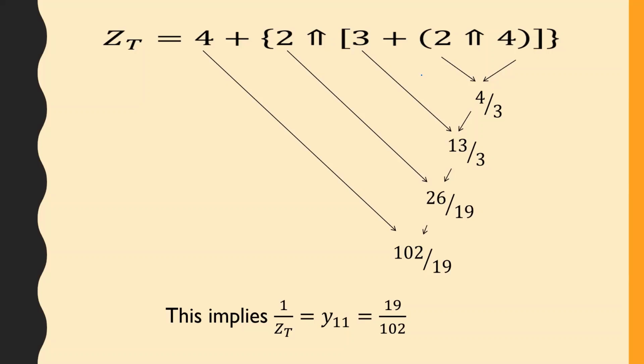Now that we have Y11, because we already have port 2 short circuited, we can then find Y21.